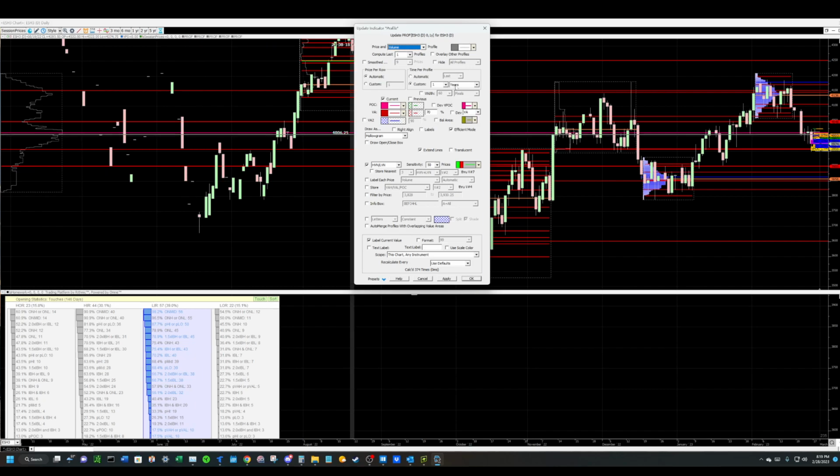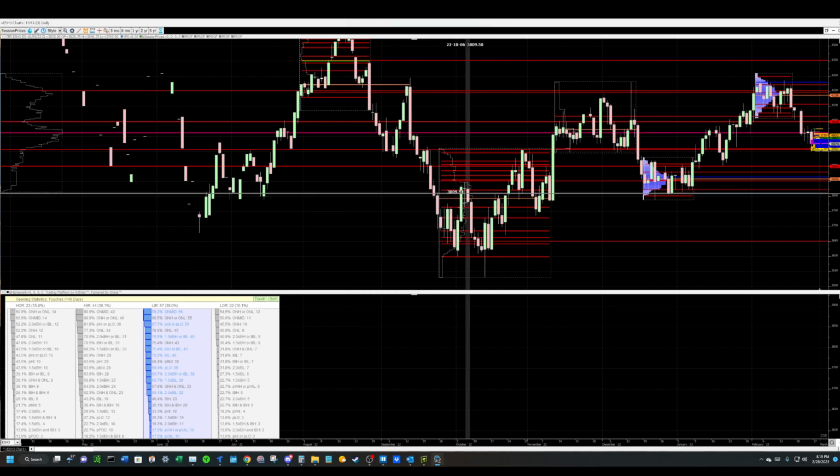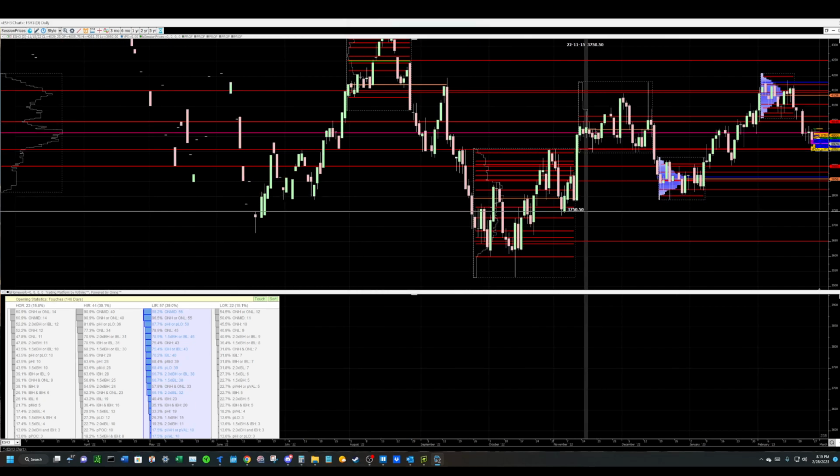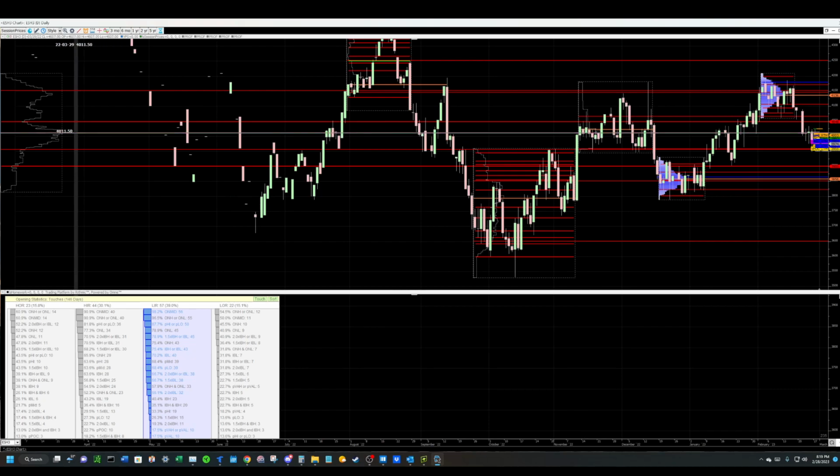I don't have the DTN historical data access yet, but this says 1 year. It's taken all of this as far back as Rhythmic will go. And we see the VPOC right there. It's 4011.50 or 12. Let's just call it 4012.